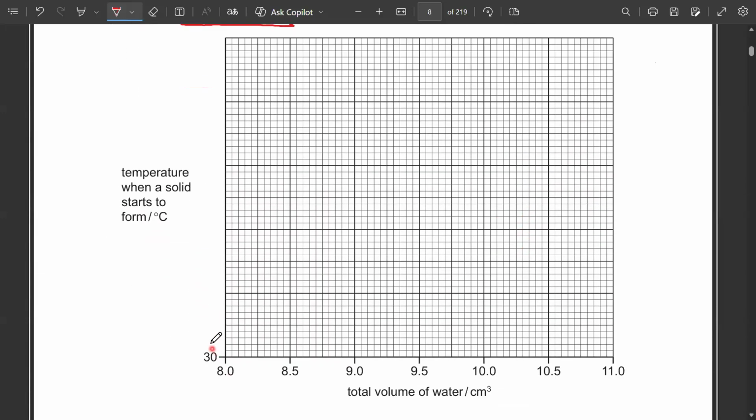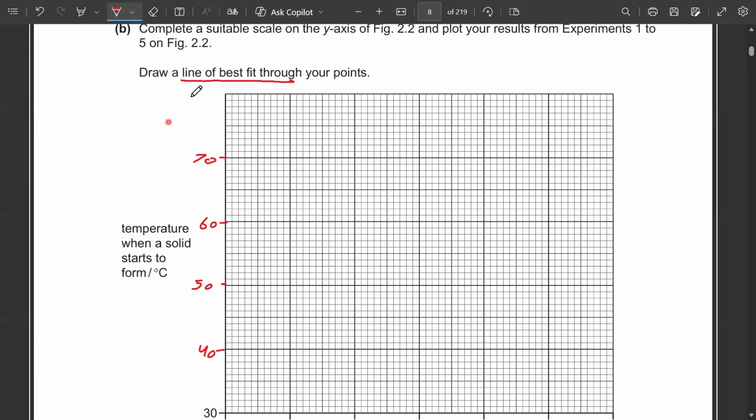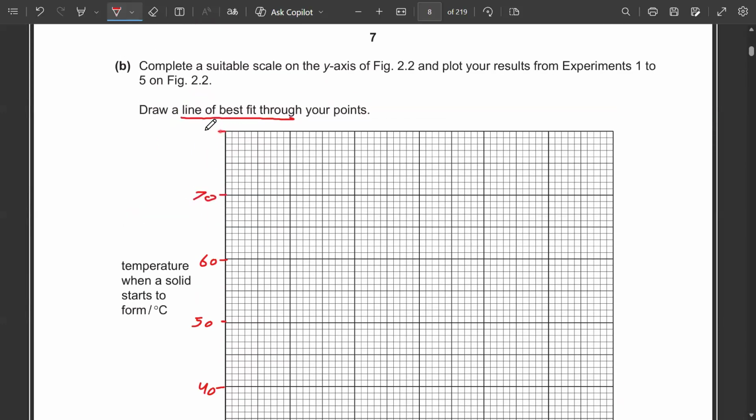So let's see where it comes. If this is 30, this would be 40. We have to plot the values. 40, 50, 60, 70, and this one is 80.